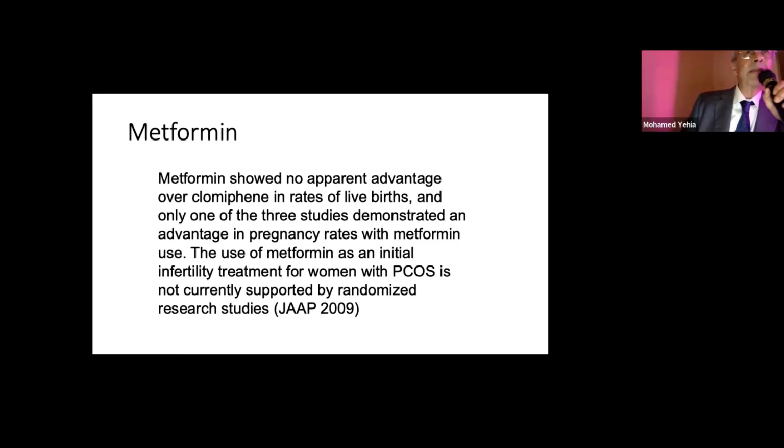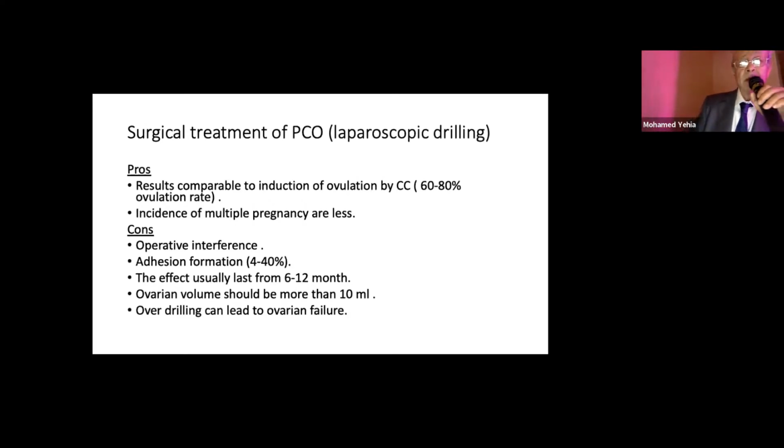This doesn't mean that patients who have proven insulin resistance shouldn't have it, or the effect of metformin during IVF cycles to decrease the number of small or moderate-sized oocytes.